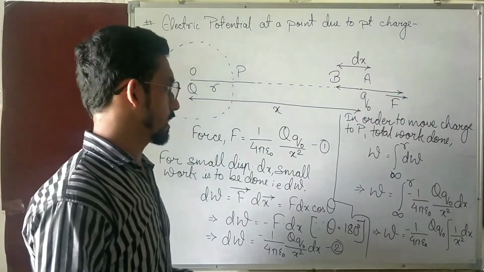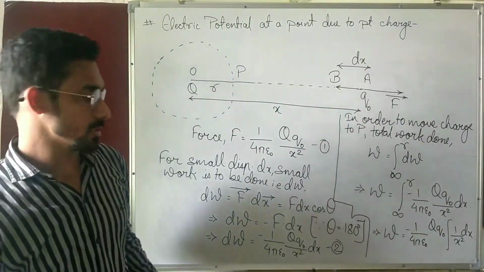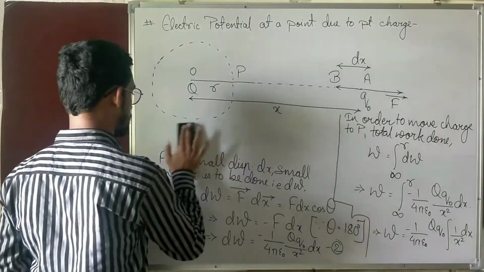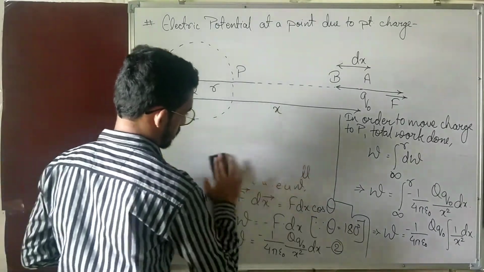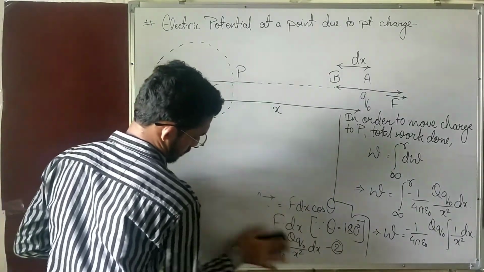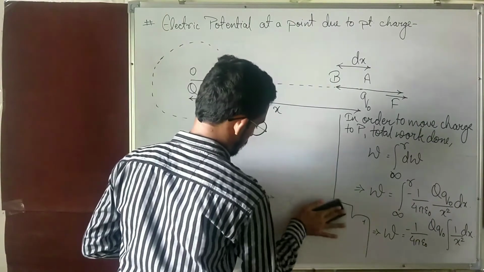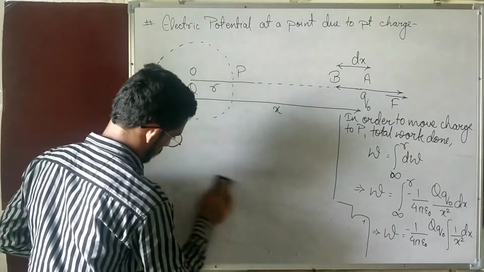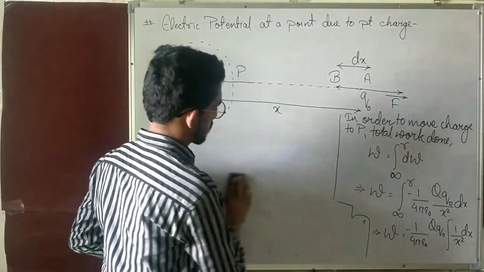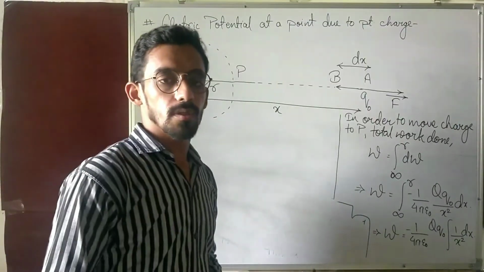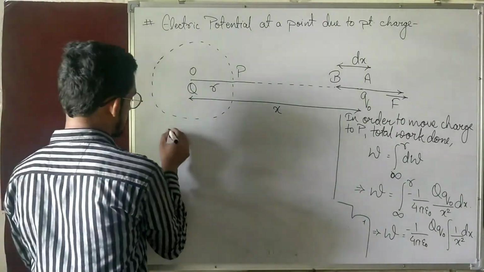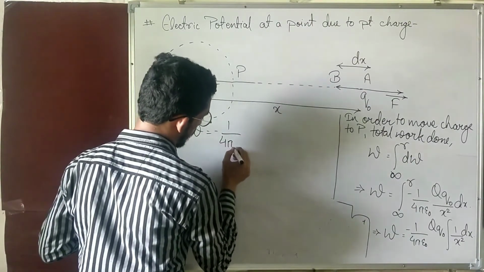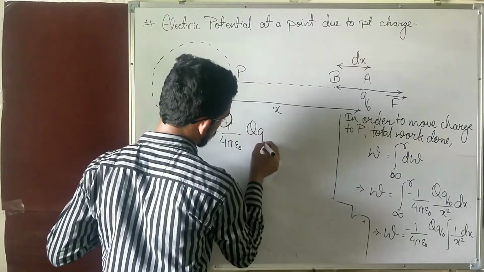So on integrating it, for integration I am writing on this side. Now on further proceeding, we get W equals minus 1 by 4 pi epsilon 0 q naught.